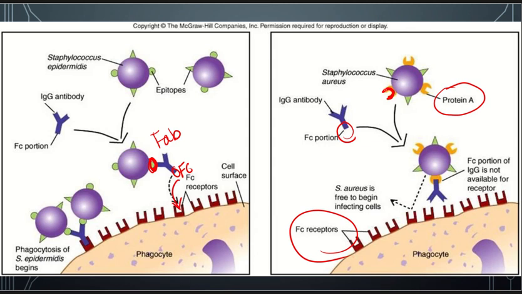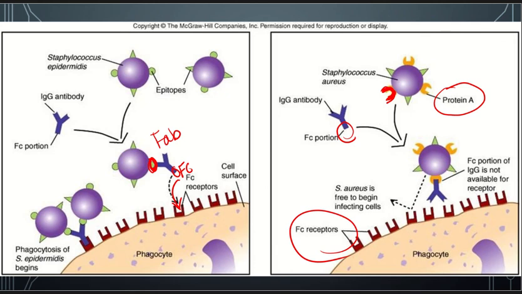But now that Staph aureus has this protein A molecule, it sort of wears it upside down, and our phagocytes are not able to recognize it. So it just moves on, totally camouflaged, able to continue on to cause an infection.